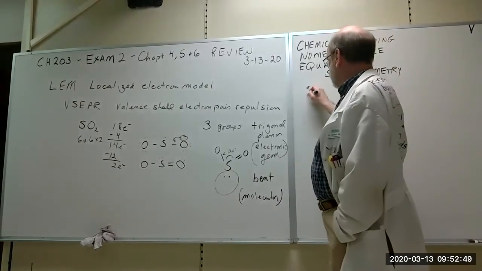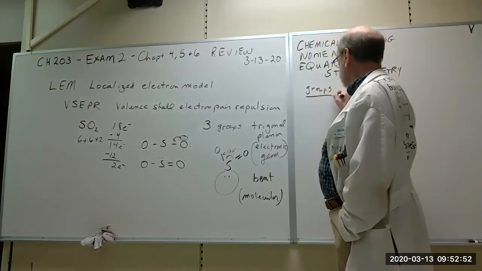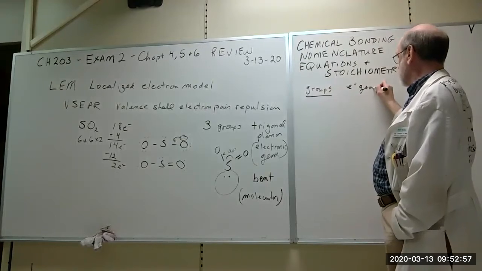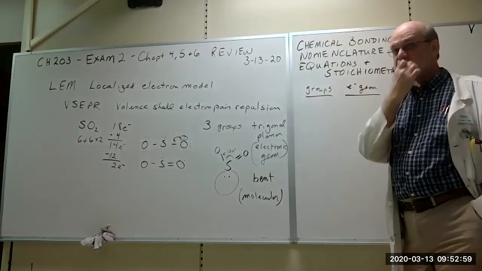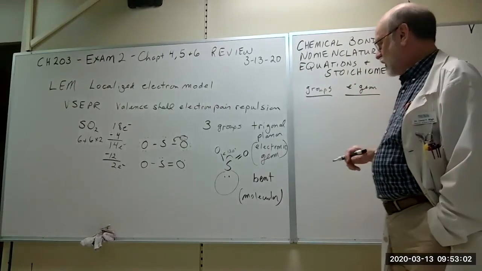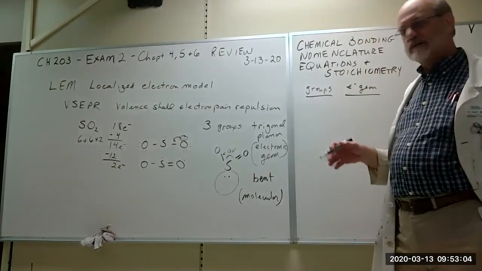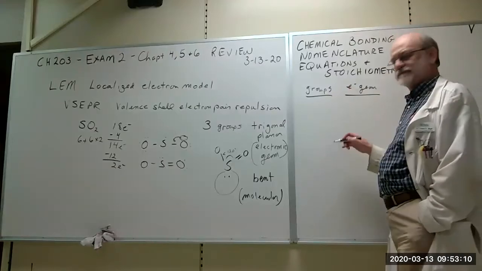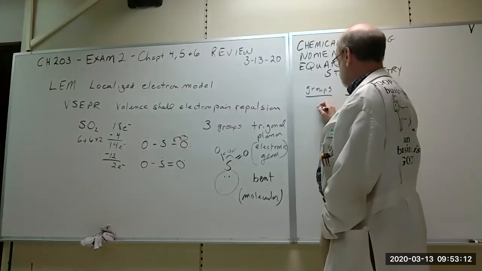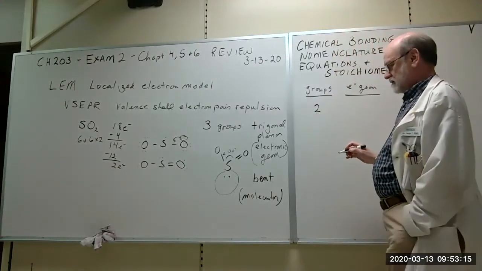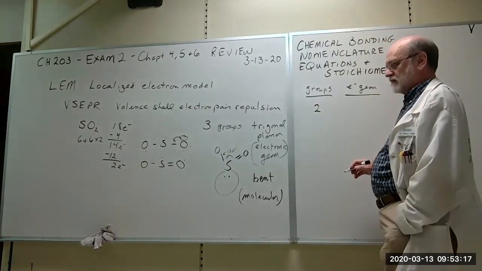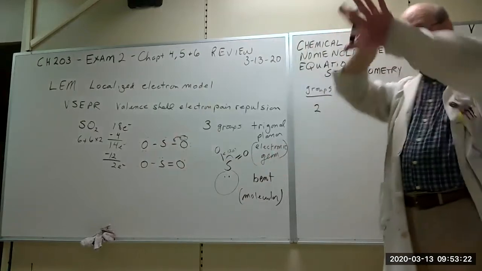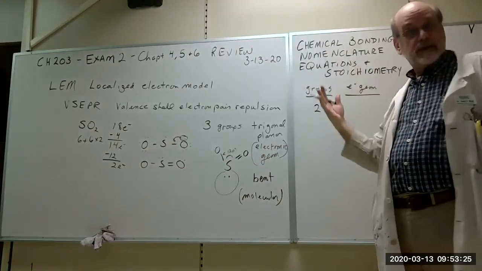Okay, so if we have groups here, number of groups, and then we have the electronic geometry here. We'll just do that first. If you only have one group, it can't be anything but linear, right? One group means it's linear, so we'll leave that one out. If you have two groups, the farthest apart those groups can get is linear, right?